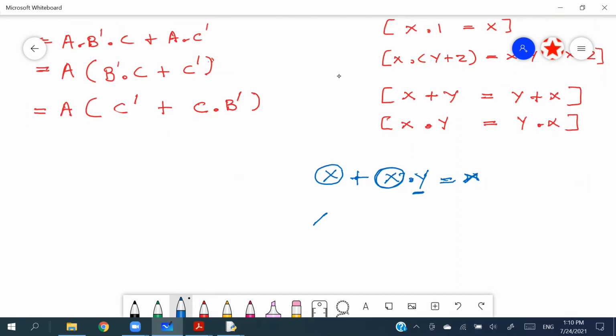ඊළඟ redundancy law එක x dot x plus y, that means x is alone again, dot same x doing the plus operation with y. Still we can write this as x.